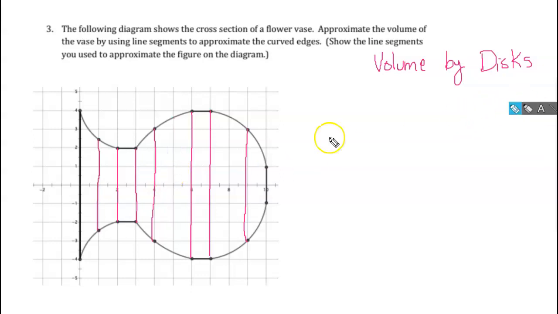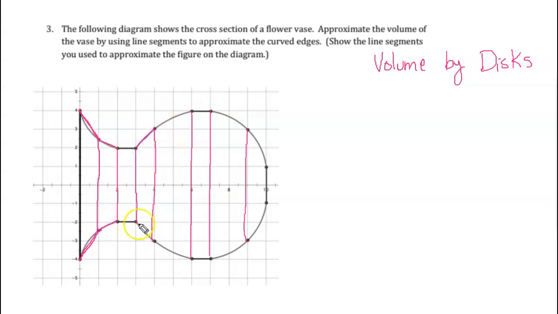So now if we look at it, in reality, this was a rather curved line. But if I'm going to approximate the volume, I'm going to treat it like it's a straight line. That makes my calculations that much easier.